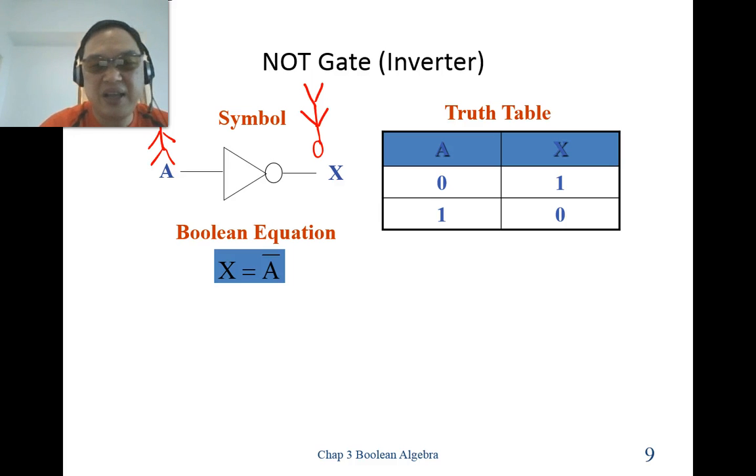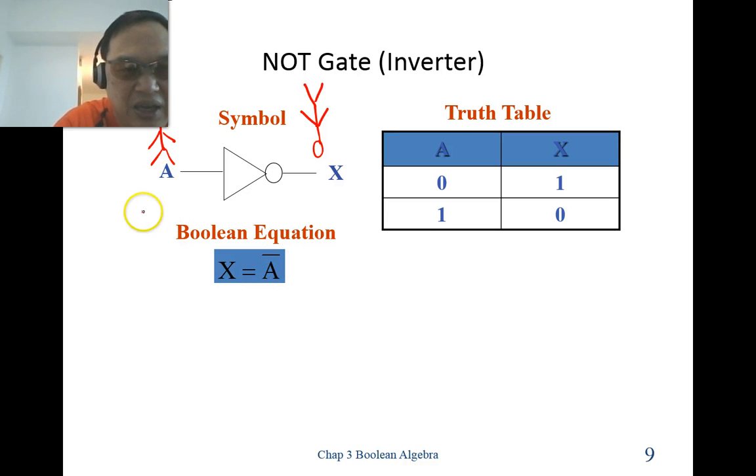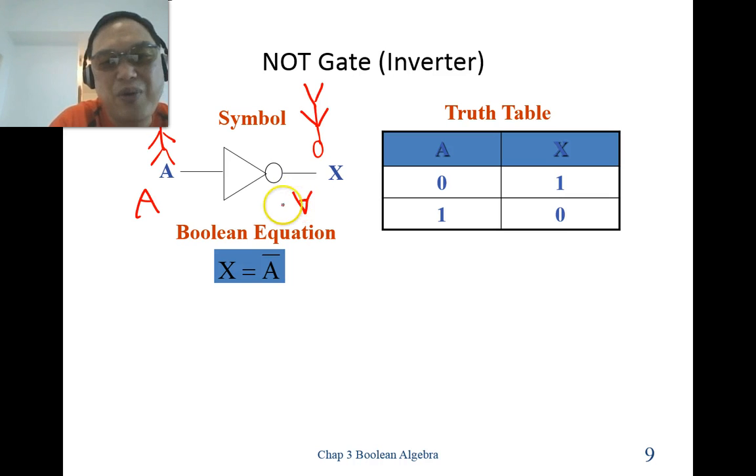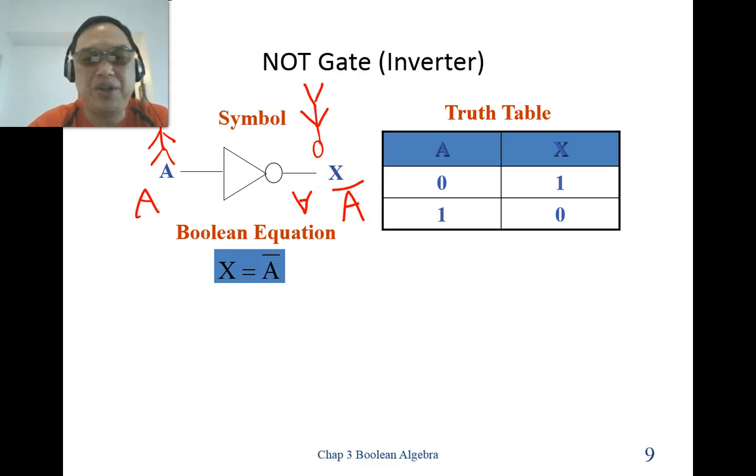So we can write, let's say the input here is A, so the output will be the opposite of A. But we cannot write it like this. So what does it mean? You write A with a bar on top. That means to show it is inverted. So you can see output X is going to be A with a bar on top.